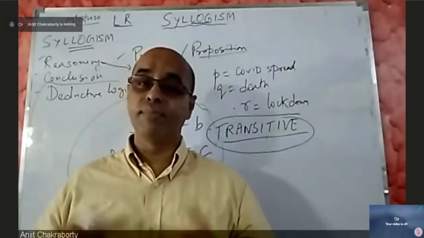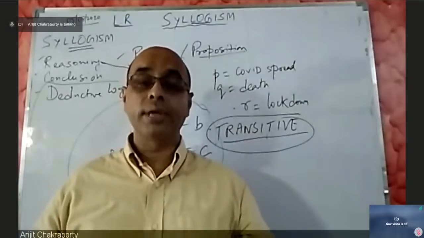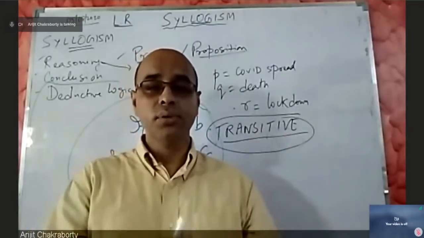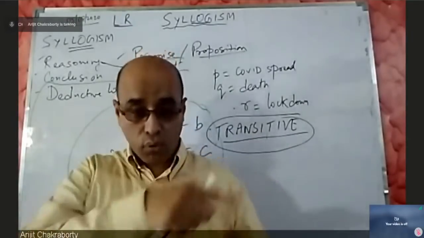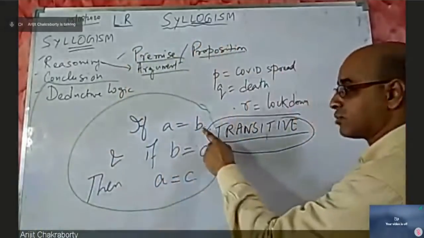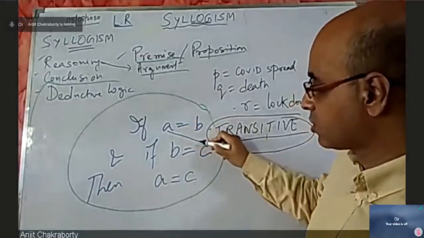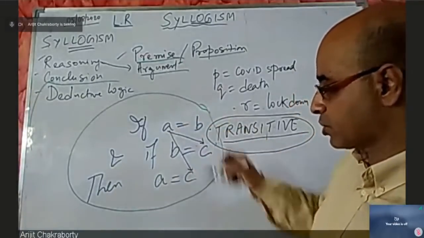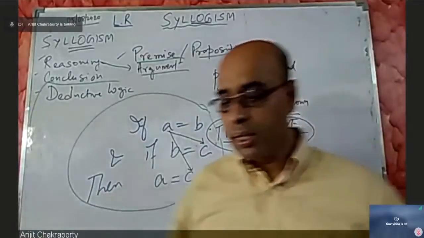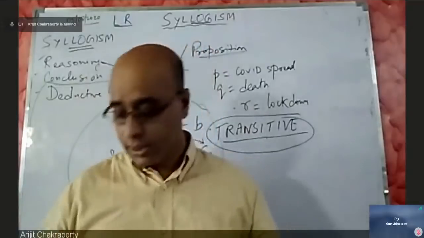Symmetric was 1, 2, 2, 1. And transitive was 1, 2, 2, 3, therefore 1, 3. This is transitive. Here also, if A equal to B and B equal to C, then A is directly equal to C. You can see direct relation. So this is called transitivity. Please keep a note of this term, transitivity.